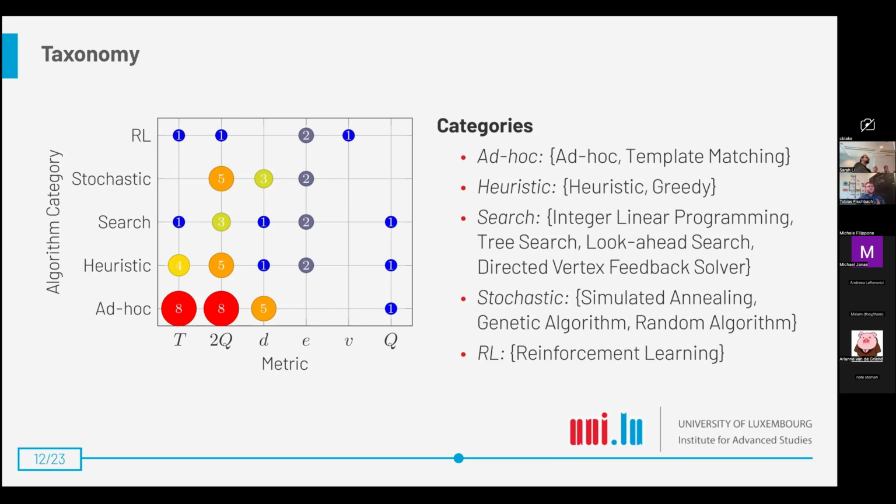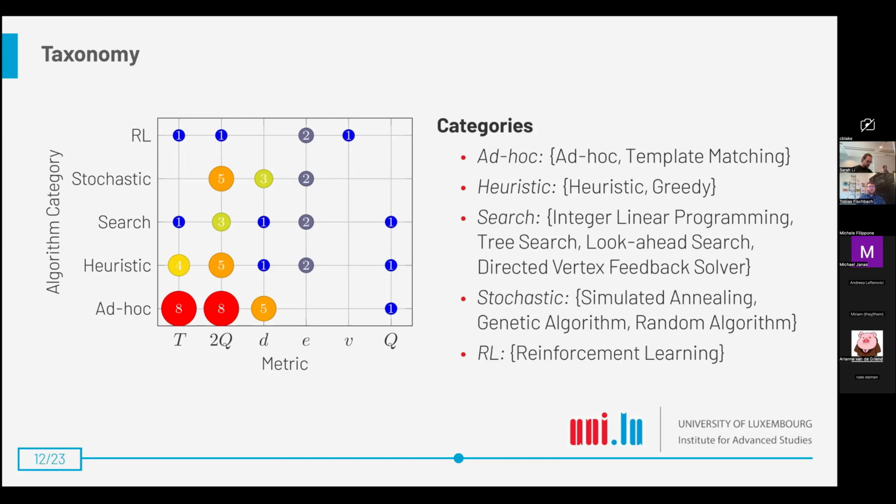And overall, what you see here is that we have a cluster at ad hoc algorithms, and we start to go a little bit towards stochastic and search-based algorithms. And this is actually about time development. In the beginning, most algorithms were more ad hoc based or searching for a heuristic. And later on, in the last 3 to 4 years, researchers started to look more broadly into search-based methods and stochastic methods.